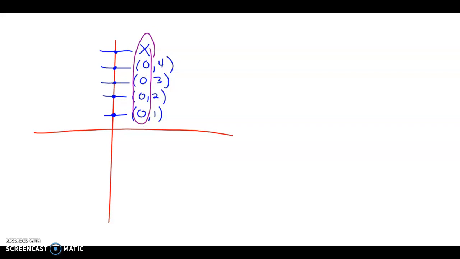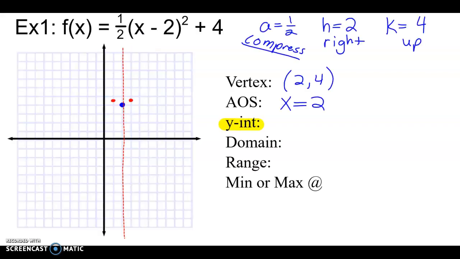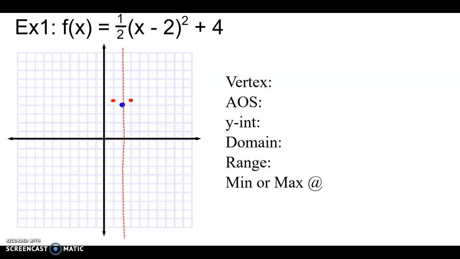So watch what we're going to do here. I'm going to erase all this so you're not confused for a second. If I'm trying to find the y-intercept, you plug in x equals 0. We know if we're on the y-axis, you're going to plug in x equals 0.